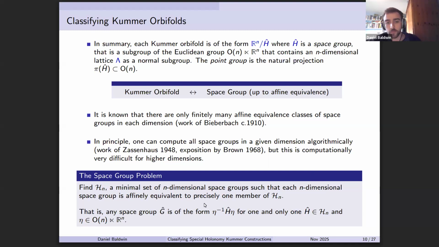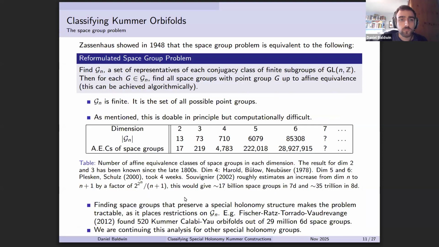So the space group problem can be stated: find a representative of each affine equivalence class of space groups in a given dimension n. Zassenhaus reworded this problem slightly in a way that lends itself more to being applied on a computer.